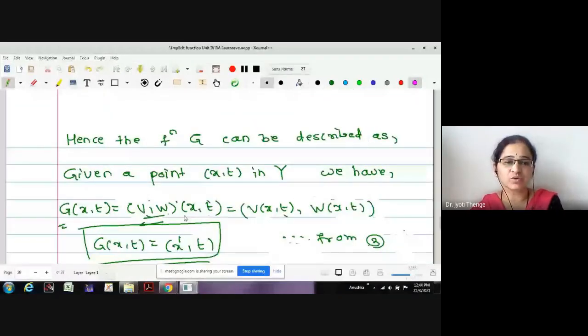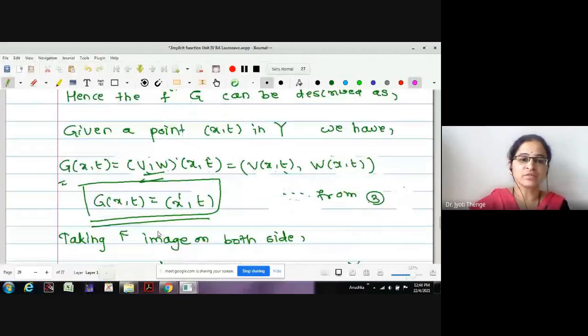Now one can find out very easily how G behaves. Therefore, taking an arbitrary point (x,t) in Y, let us operate G. G is (v,w). (v,w) operated on (x,t) is (v of (x,t), w of (x,t)). But we have found v of (x,t) is x', w of (x,t) is t.